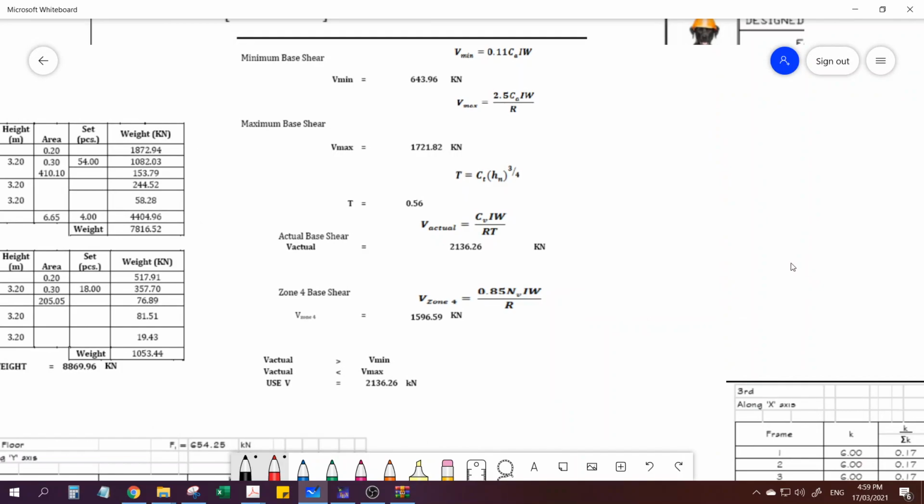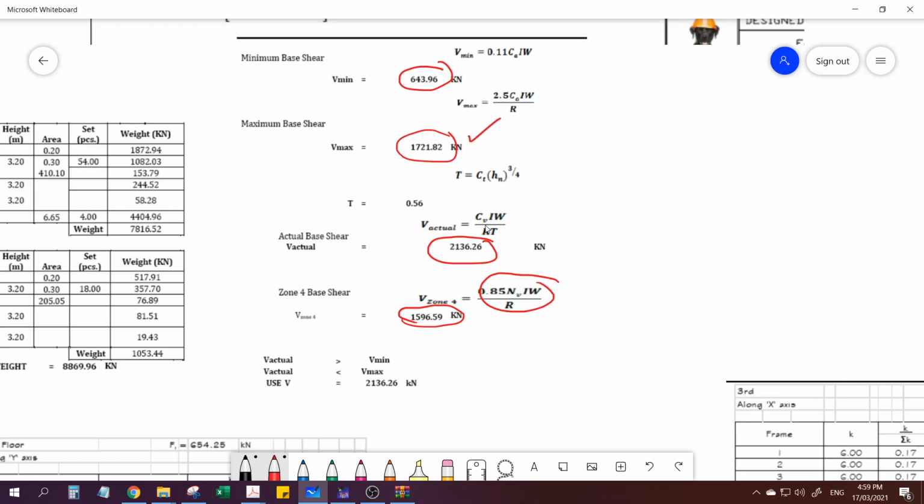So, applying those formulas, Vmin is this one. Vmax is this. Yung actual base shear is this. And additional formula na for zone 4 is this. Yeah. So, what governs? I think na-overlook lang ito dati. So, what governs is Vmax. No?